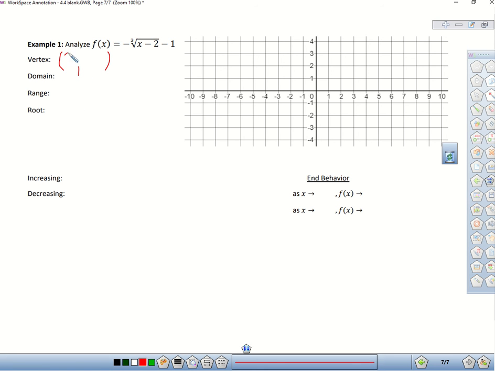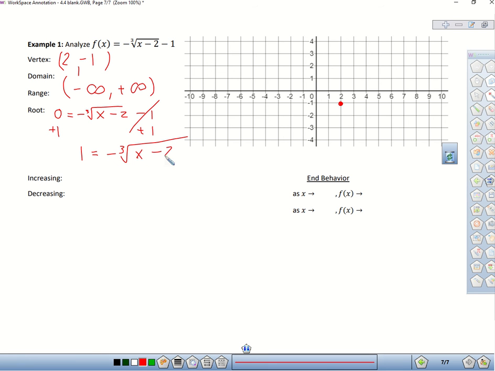Good, 2, -1. Domain and range are both negative infinity to positive infinity. So the vertex is right here, 2, -1. And to find the root, you're going to set f of x equal to 0. We're going to add 1 to both sides. That gives me 1 equals negative cube root of x minus 2. Divide by -1.